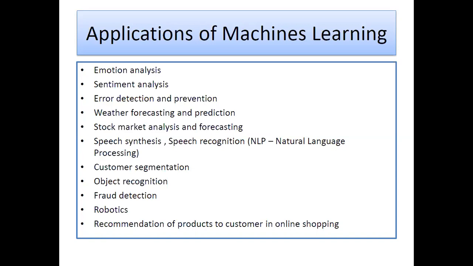We also have speech synthesis, speech recognition, which we call natural language processing, and we can do a lot of activities. There is an excellent video on YouTube you can see where our Prime Minister Modi ji is speaking in Hindi, and the CEO of Facebook, Mark Zuckerberg, is speaking in English, but both are able to communicate with each other utilizing the speech translation.